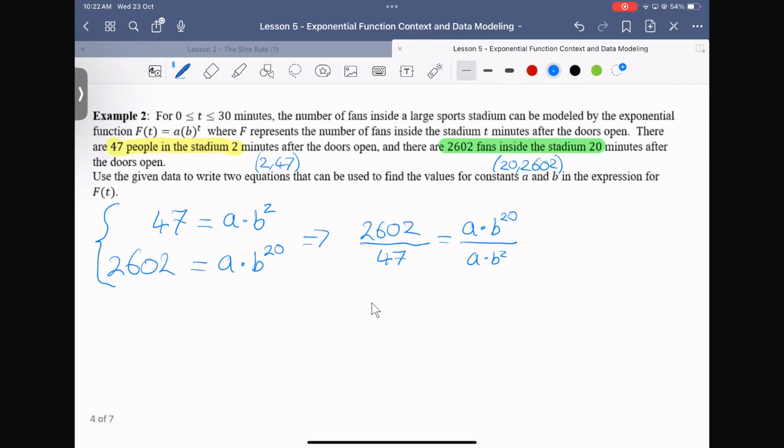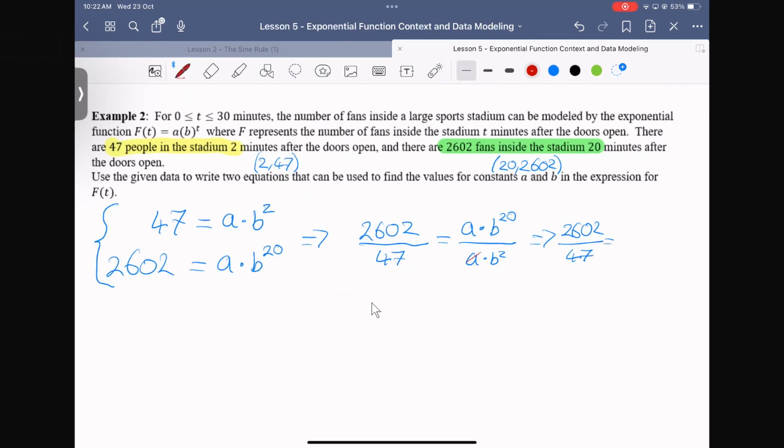Now that simplifies, not beautifully. This bit isn't an integer answer, so I'm just going to leave it at that. But the A's cancel. And then the B's simplify using the laws of indices. It'll be B to the power of what? It'll be B to the power of 18.